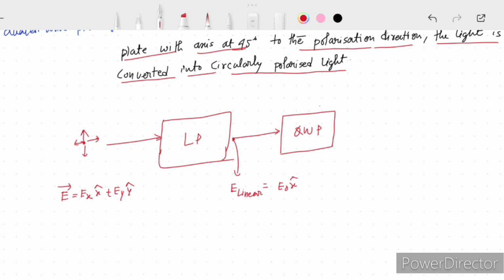In this quarter wave plate, a phase difference of pi by 2 is introduced between the x and y components of the electric field.